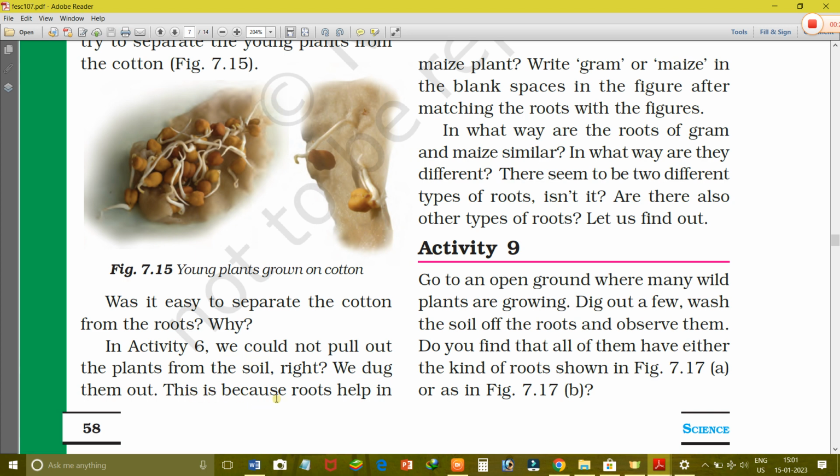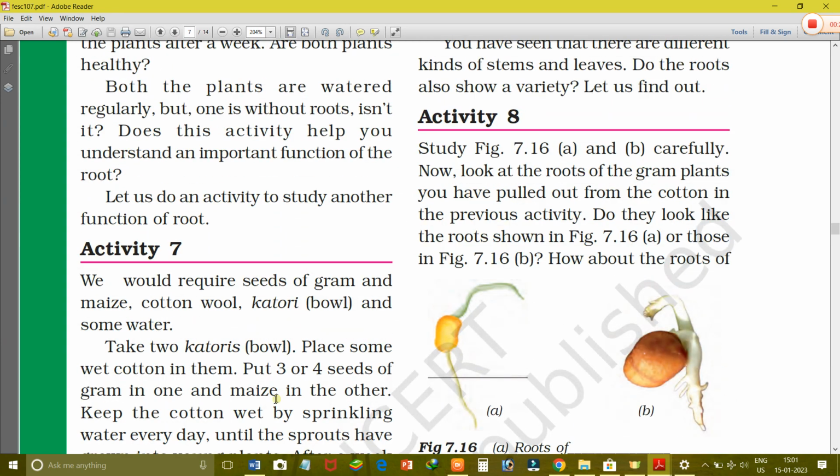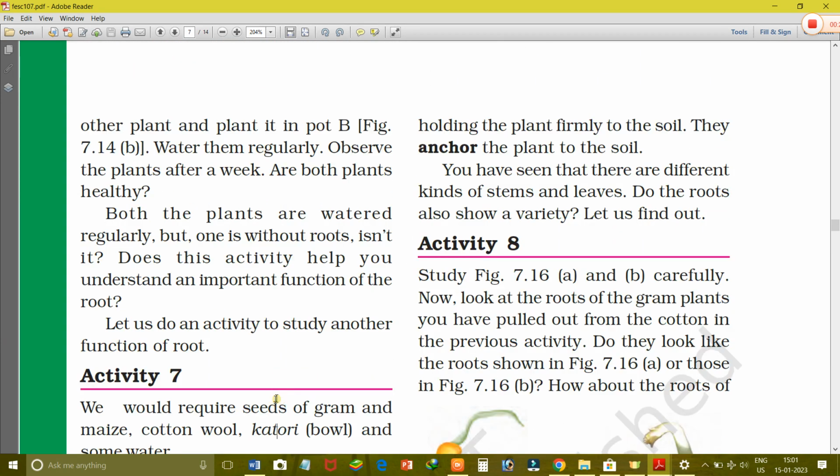This is because roots help in holding the plant firmly to the soil. They anchor the plant to the soil.